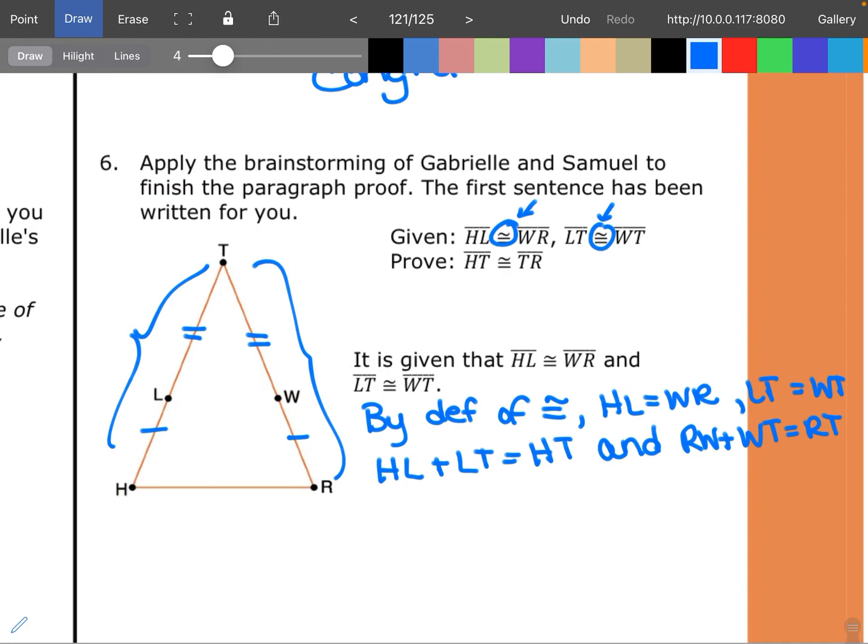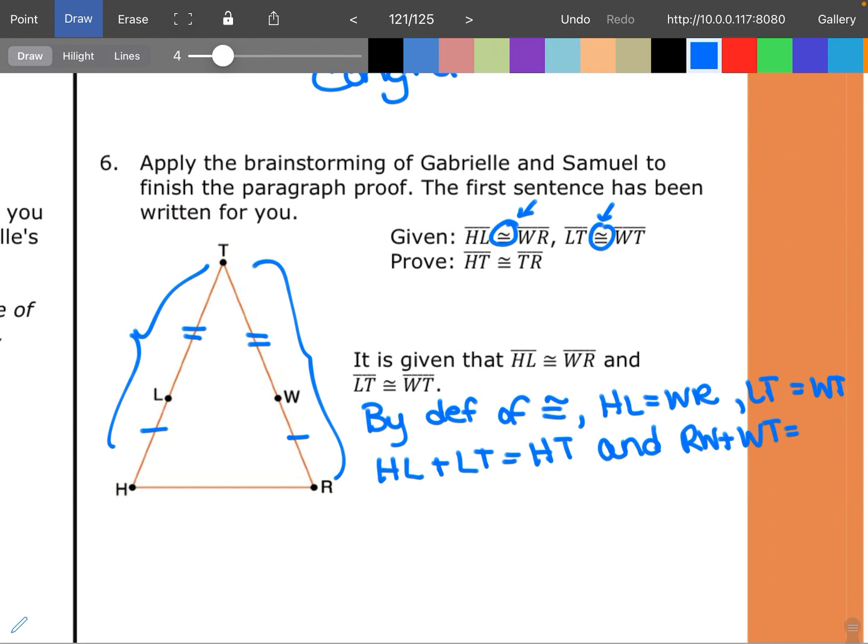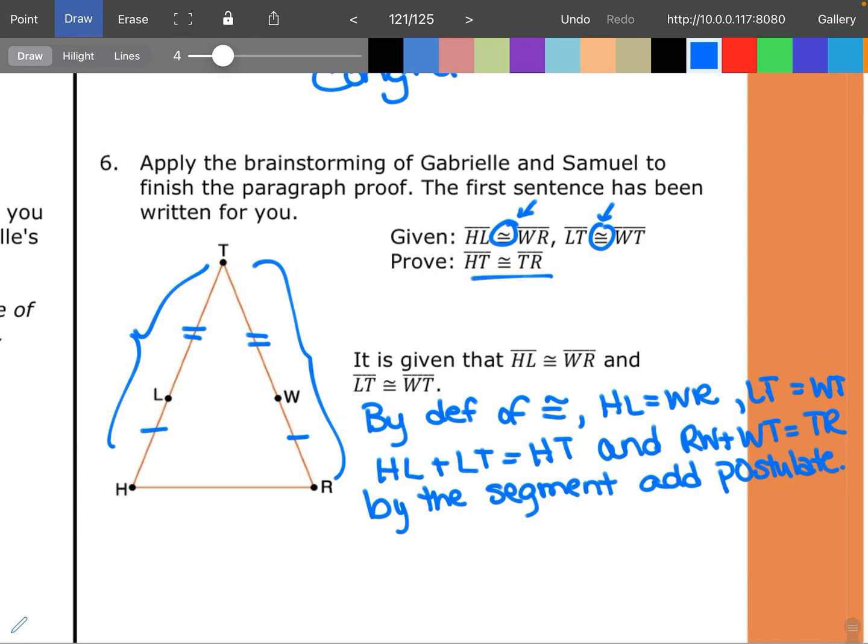You know what? I'm going to change that where it says equal to RT. I'm going to flip it, and the reason why is because our proof statement has TR. So I'm going to put TR just so it'll be a little less confusing later on. Okay, and I did not put my reason there. So I know all of that by the segment addition postulate.